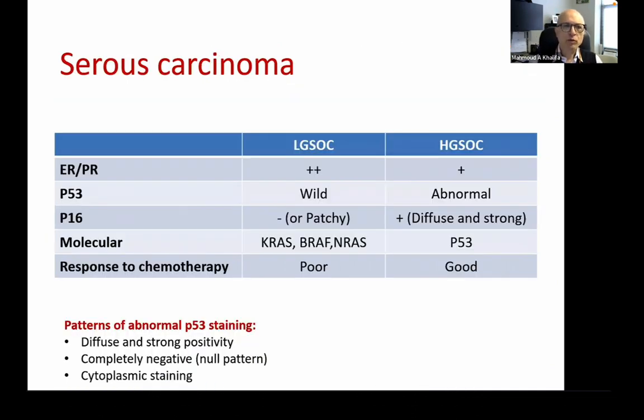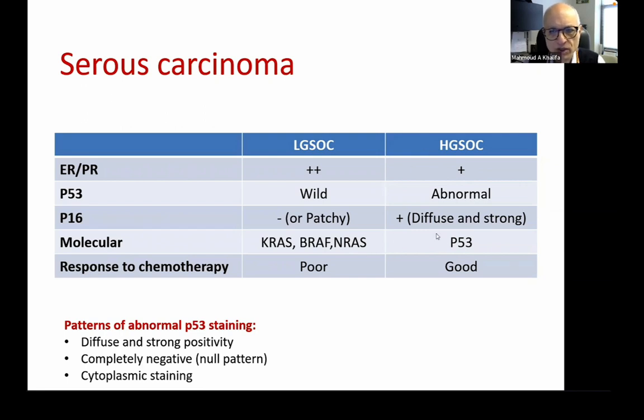I want to say a couple of words about serous carcinomas and the difference between low-grade and high-grade serous carcinomas. Of course, morphology is your number one criterion, but here are some stains that can help you distinguish between the two. The whole idea is that molecularly, these are two different tumors.